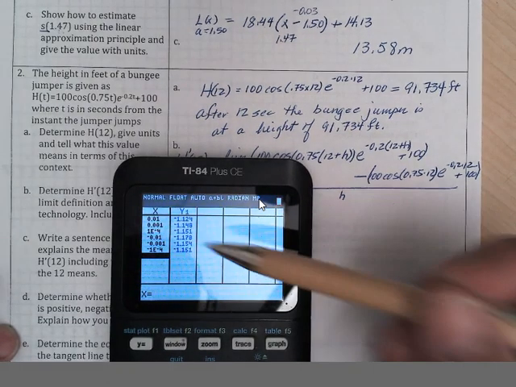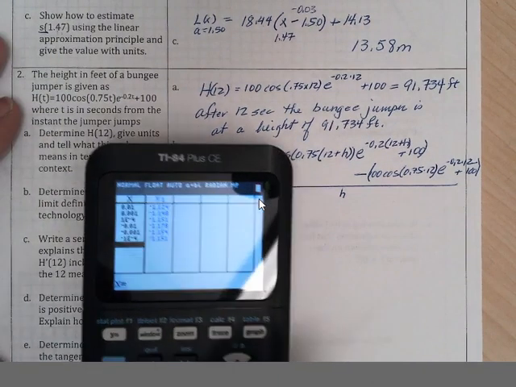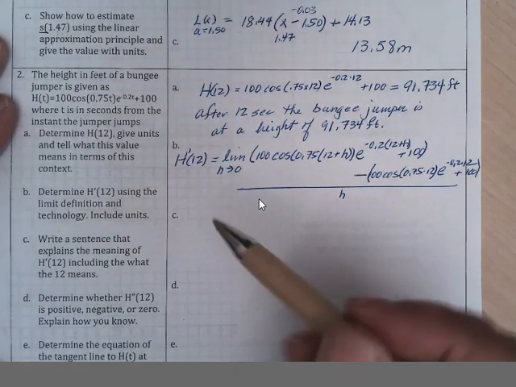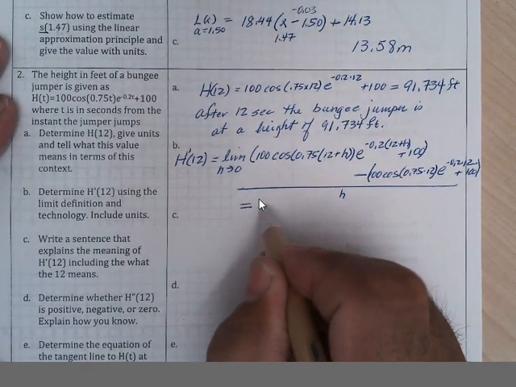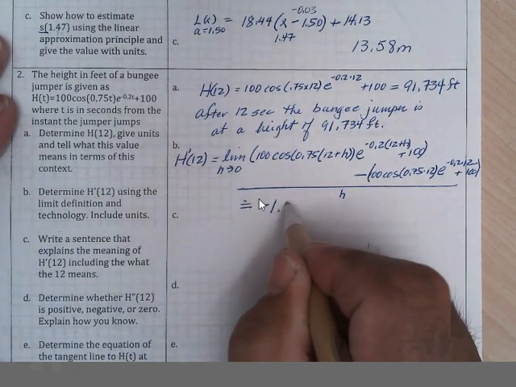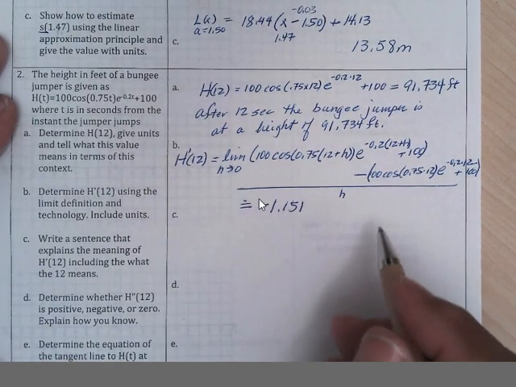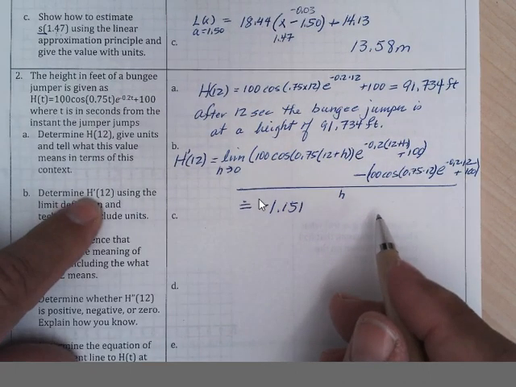Okay, so it looks like it's going to be negative 1.151. It's approximately equal to negative 1.151.